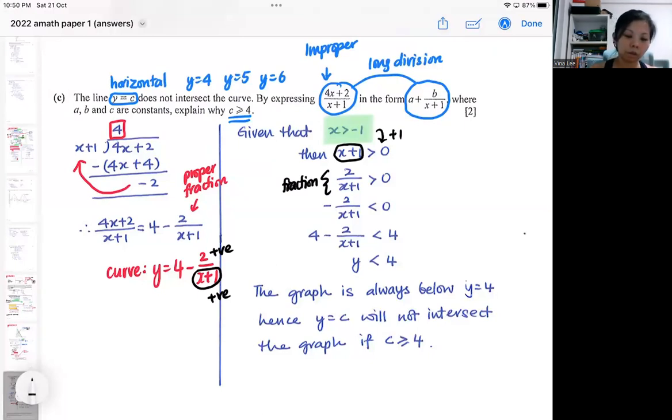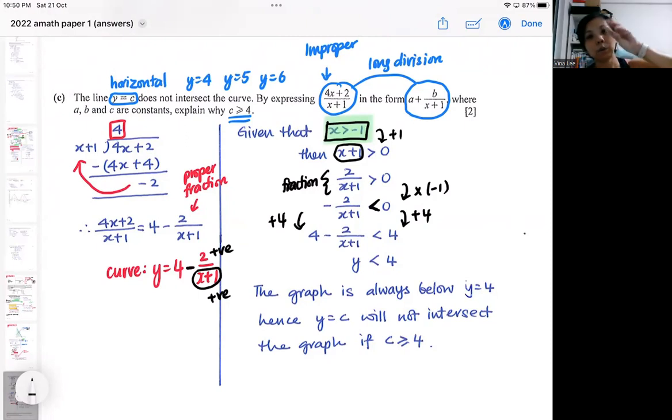There is a negative that I have to account for, so I'm going to multiply by -1 on both sides. Multiplying by -1 will reverse the sign. Then after that, I'm going to do a +4 on both sides.